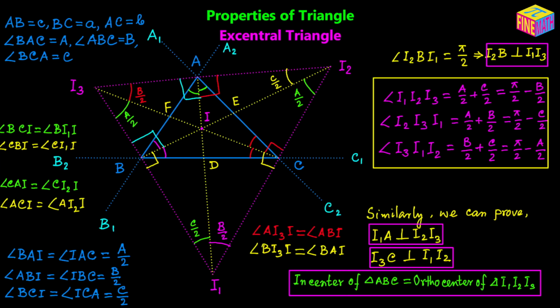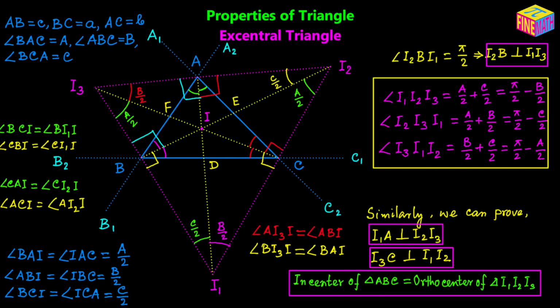Here in this video we wanted to prove that the incenter of the original triangle is also acting as the orthocenter of the excentral triangle, and in that case you can imagine that we are actually joining the feet of the perpendiculars of the excentral triangle to form the original triangle. So the original triangle ABC is looking like the pedal triangle of the excentral triangle.